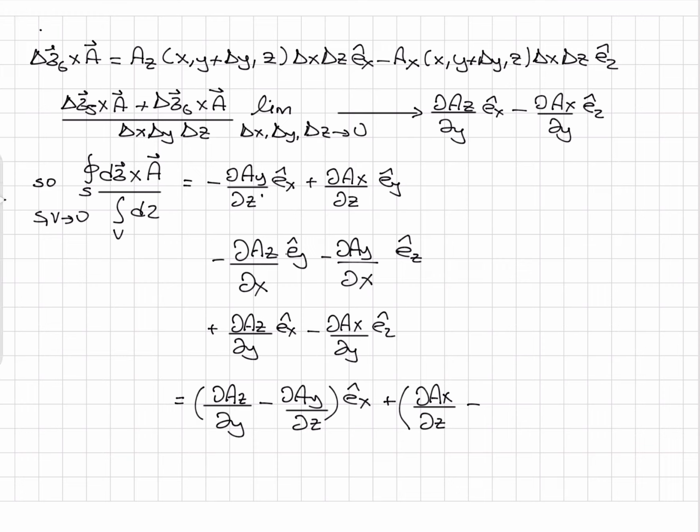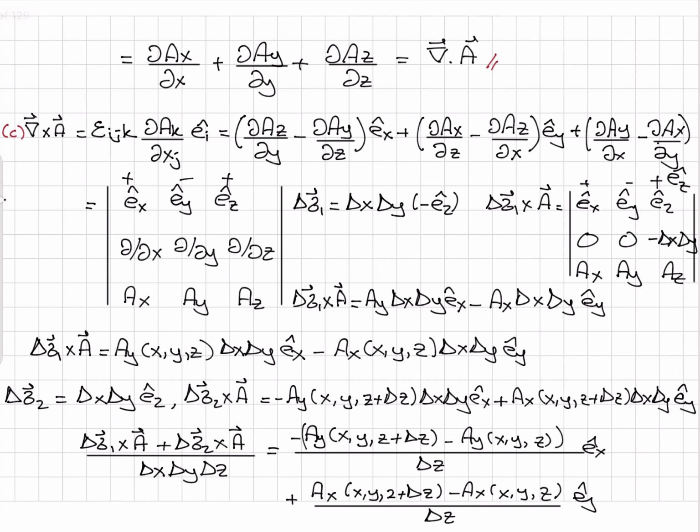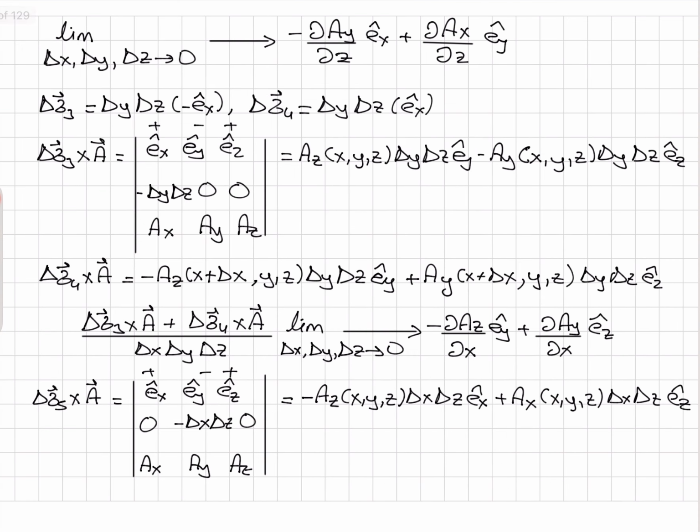So del Ax del z minus del Az del x ey hat, so that's been corrected. And for the z part, I have del Ay del x. The z part appears on the first one.